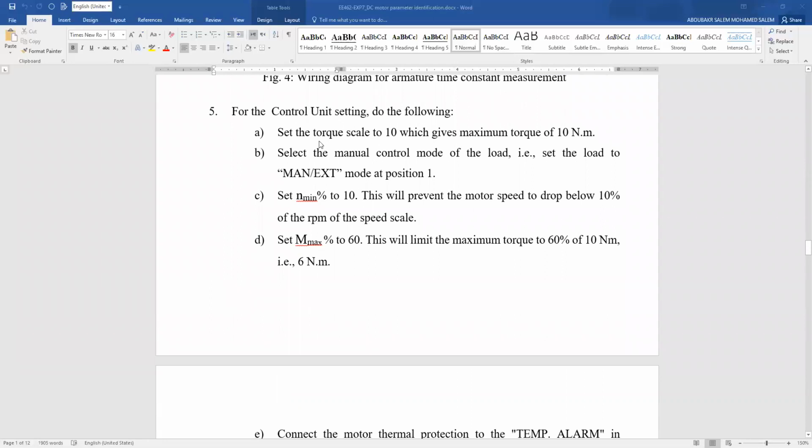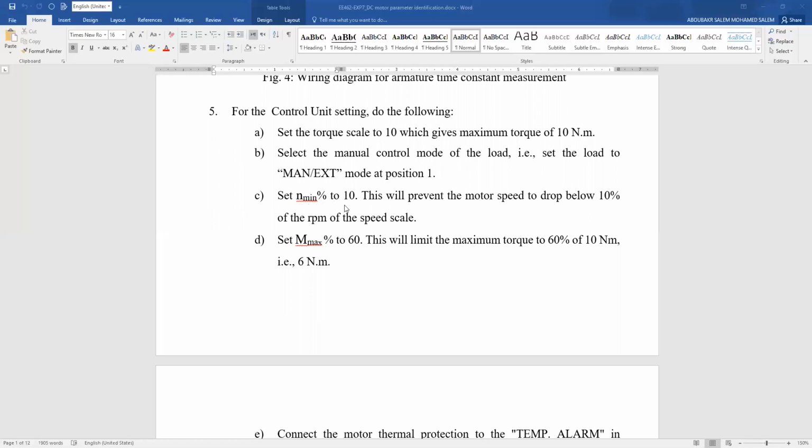We will adjust the torque control unit to these values like we do in each experiment. For example, we will set the torque scale to 10 Newton meters, and then we will select the load to manual or external for mode position number 1, so it will be manual.